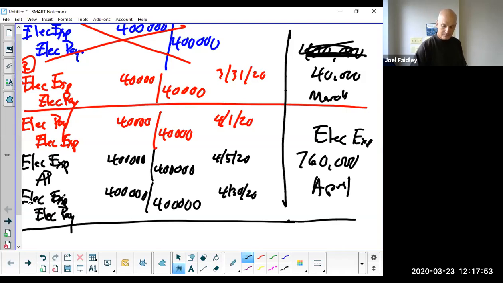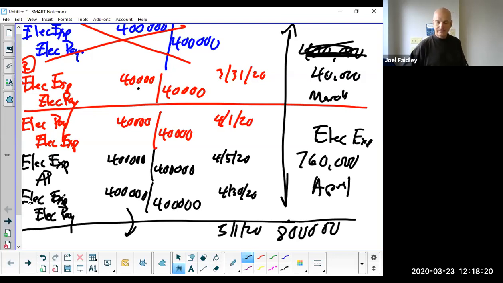Over 2 months, what's my total? 800,000. All right, that's okay. 2 months, 800,000. But I had an error here, didn't I? That was an error. But it's self-corrected. It's self-corrected because these entries reverse. This 400,000 here is going to reverse on 5/1 of 20.